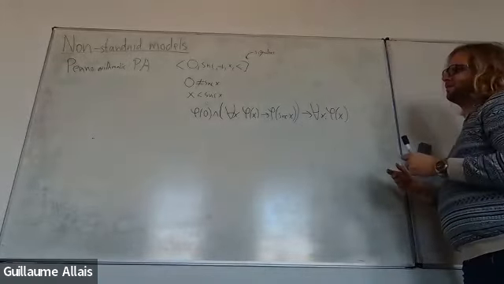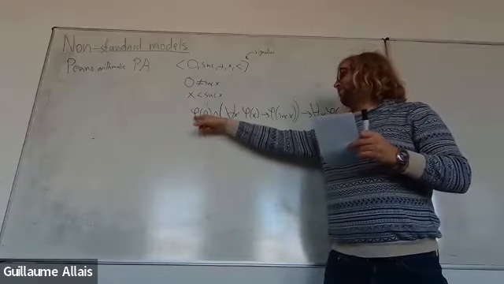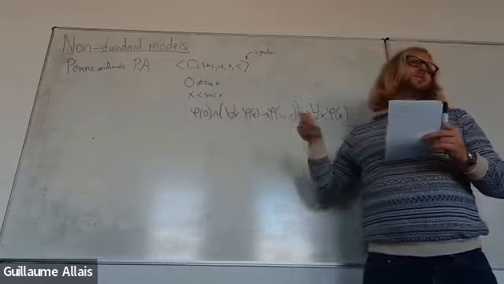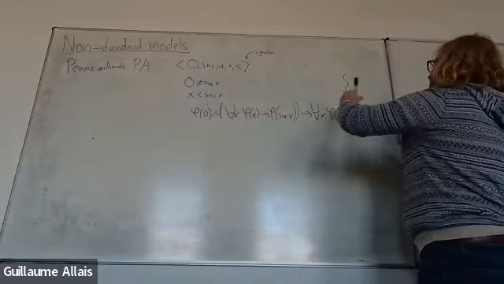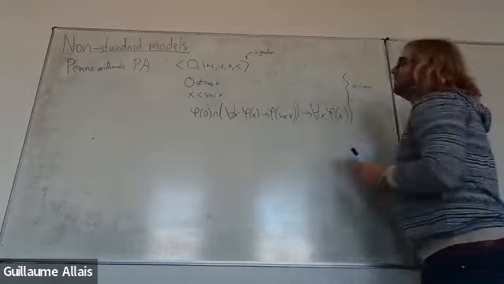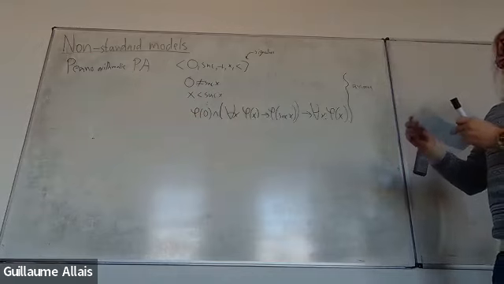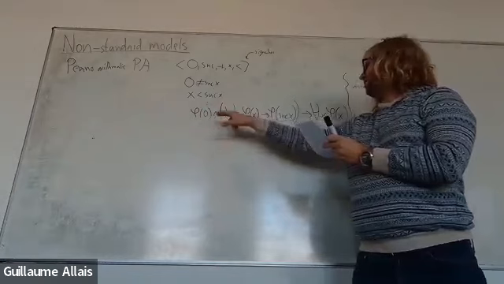Here I mean x universally quantified. Because this is a first order theory, I have to do this for every formula phi. So it's a schema of axioms. It's not the second order theory.